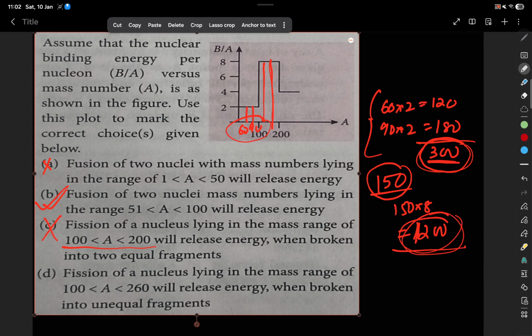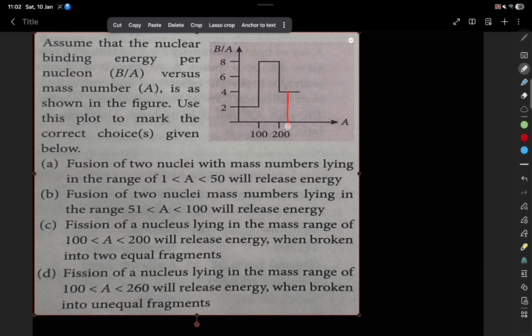Next, the last one is 100 to 260. For 100 to 260, let's assume 220. So for 220 into 4, that means 880 is binding energy. Let it break into fragments, like one is 140, one is 80.